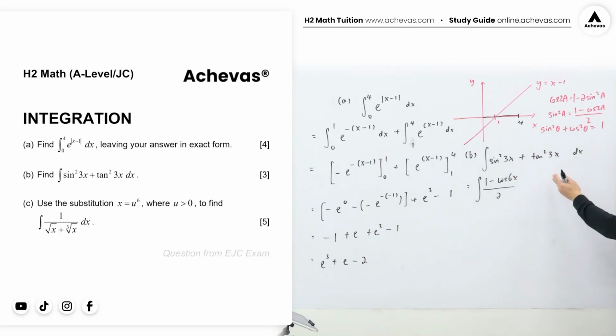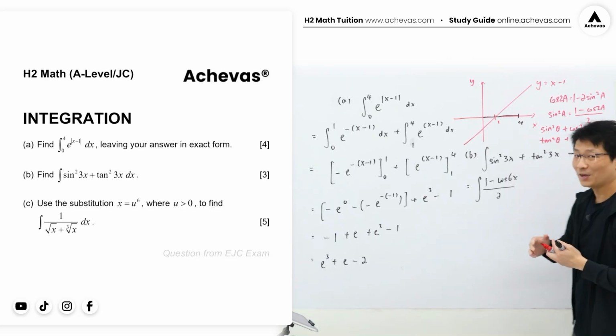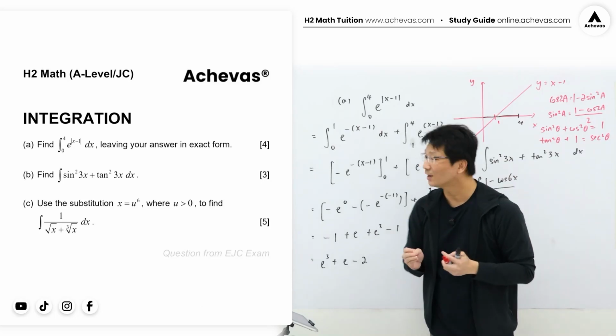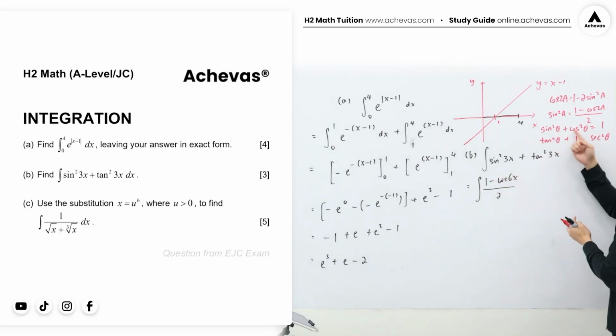In order to get an equation connecting tangent and secant, we are just going to divide everything by cos squared. When this is divided by cos squared, I will have tangent squared, and this is 1, and 1 over cos squared is just secant squared. In case you need a formula connecting cotangent and cosecant, you can always divide everything by sine squared.